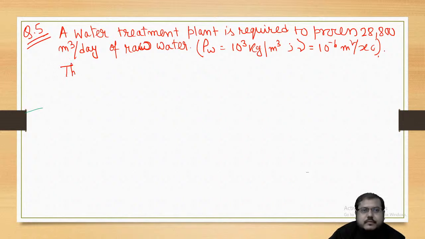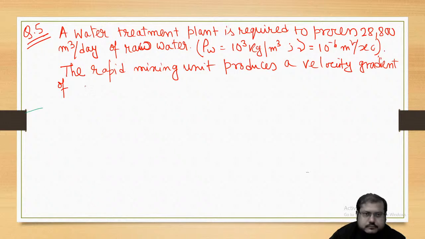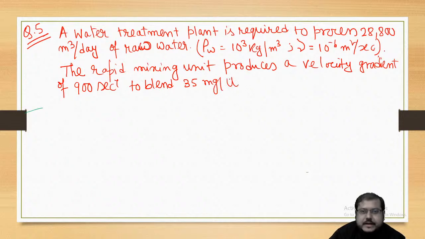The rapid mixing unit produces a velocity gradient of 900 second inverse to blend 35 milligram per liter of alum.